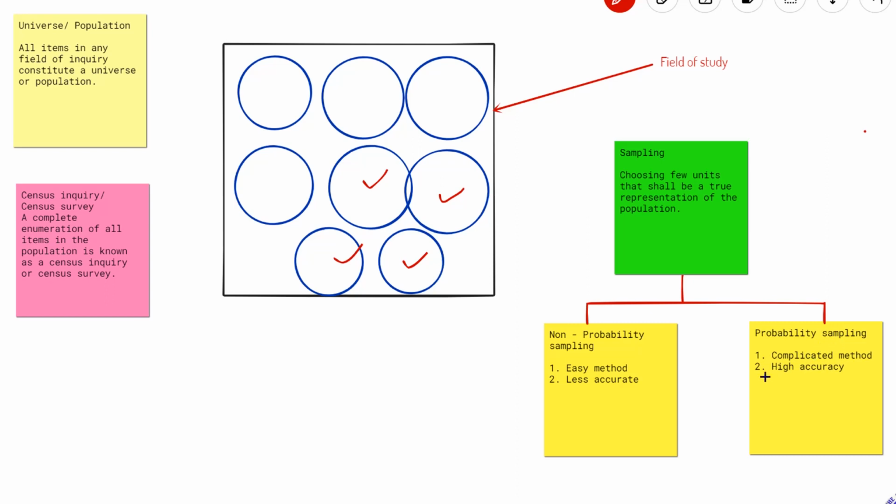As a result, it has high accuracy, and the data which is analyzed using probability sampling are valid.